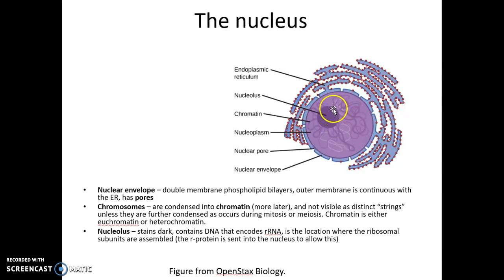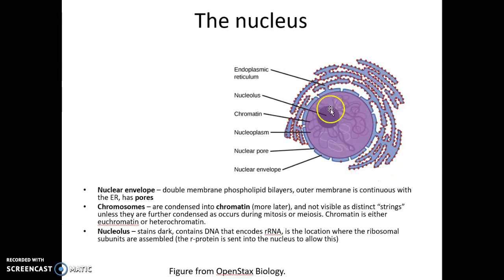So the rRNA is made by transcribing the genes that are in the DNA in this region, and then the ribosomal protein is made somewhere out here by ribosomes, and then it's actually sent back into the nucleus through nuclear pores, these structures here, and then all of that is assembled here into ribosomal subunits, and they are exported out of the nuclear pores to form these little ribosomes shown as little red balls here.